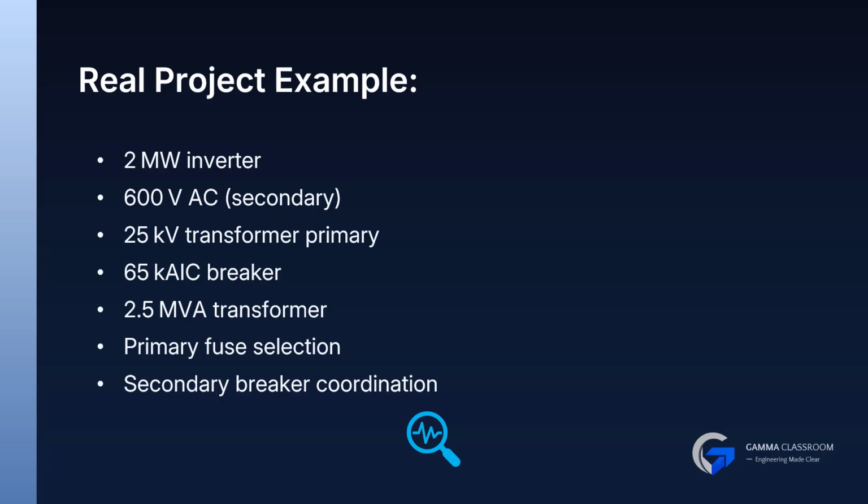The primary fuse must be sized based on transformer inrush at the medium voltage side, while the secondary breaker must be coordinated with utility fault current. This reflects real-world protection decisions.